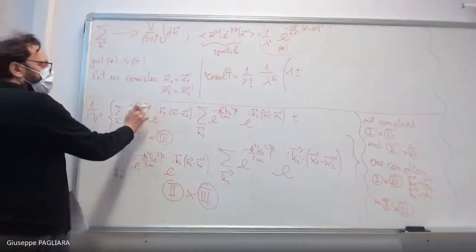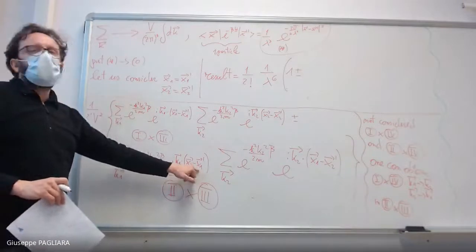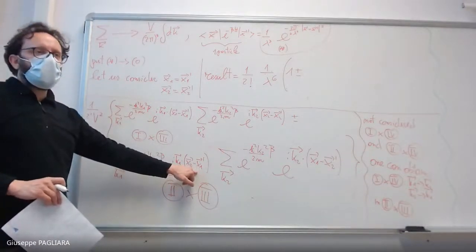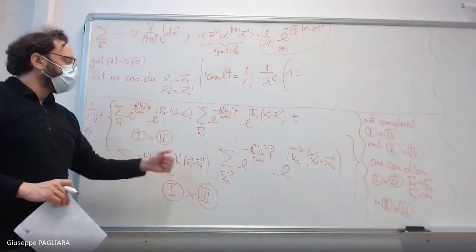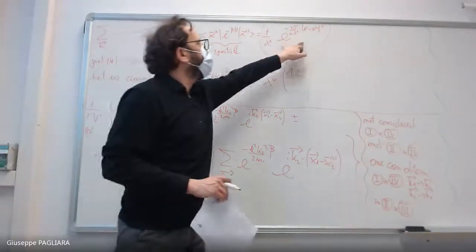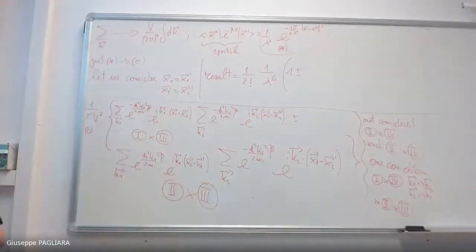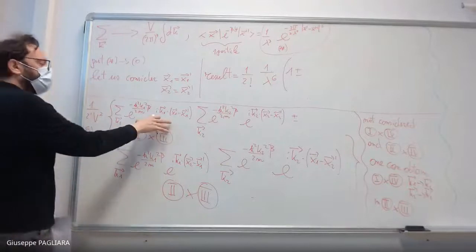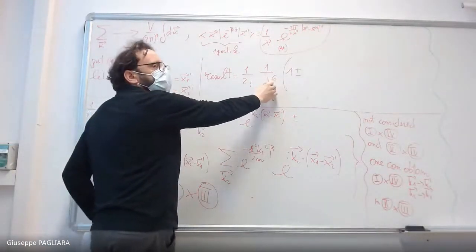So those are just Gaussian integrals. Whereas here I have the linear term in k, and this corresponds to this. Whereas if x is equal to x prime, I just have 1 over lambda cubed. So those terms will just have 1 over lambda to the power of 6.